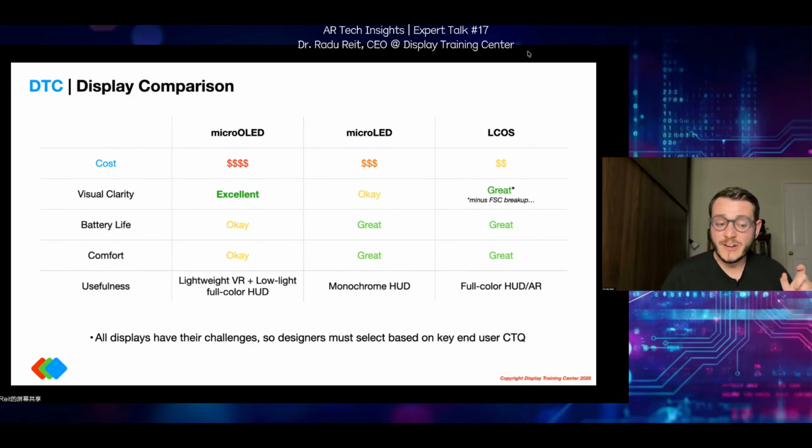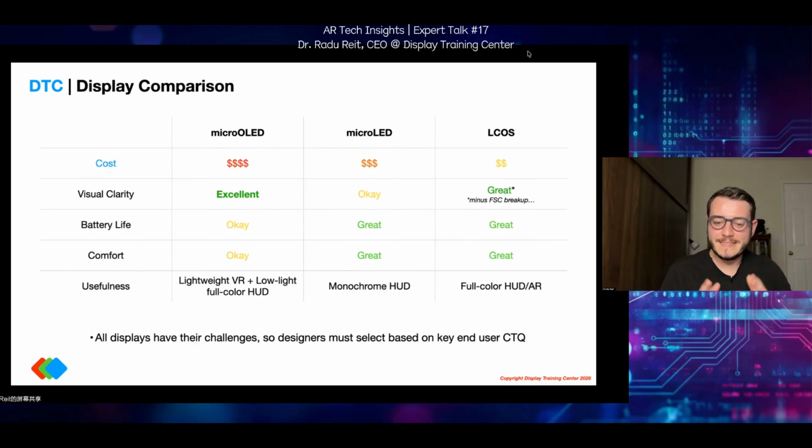But micro OLED is fundamentally limited by the fact that we have minimal brightness. And so that's going to kill battery life, as you have to draw more and more power to increase the brightness of your device. And these are generally paired with very bulky optics. We'll talk about birdbath optics later, which are very heavy, very volume intensive, and make for an overall lower comfort device.